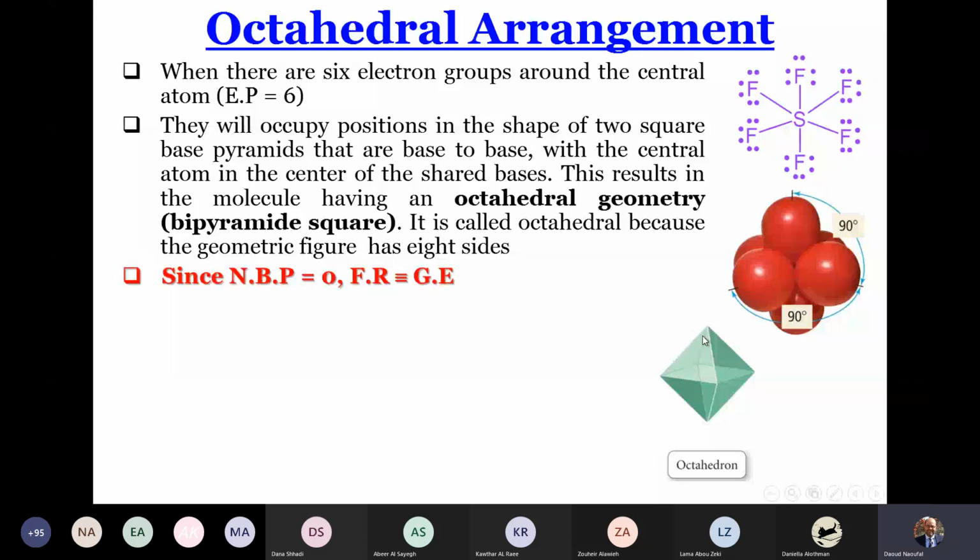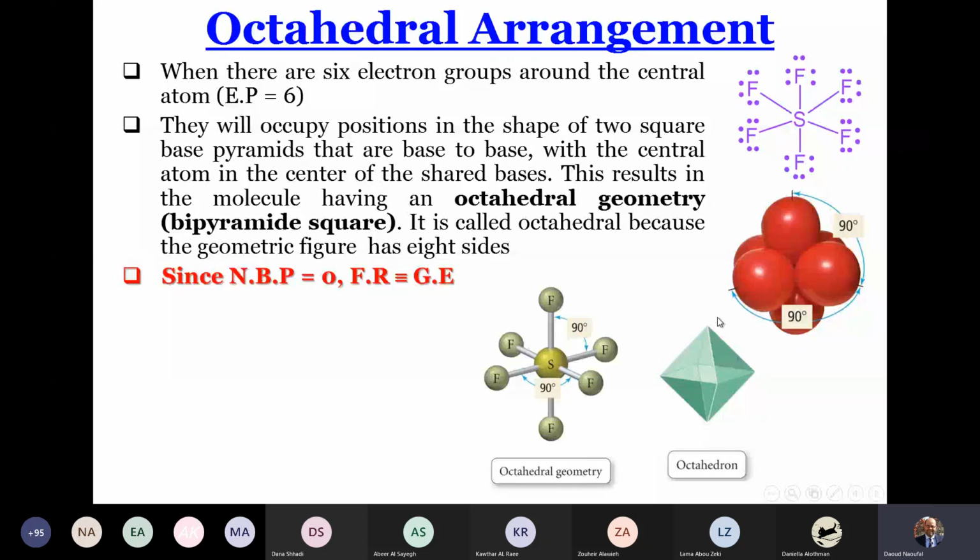Also, we have 2 types of outer atoms. We have 4 outer atoms in the plane. So these are the equatorial ones. And we have 2 perpendicular to the plane. So these are the axial. F and F are axial outer atoms, and the 4 F in the plane are called equatorial.